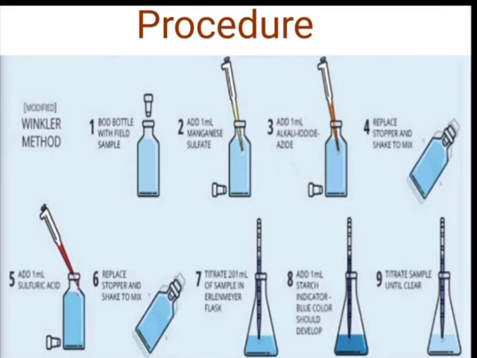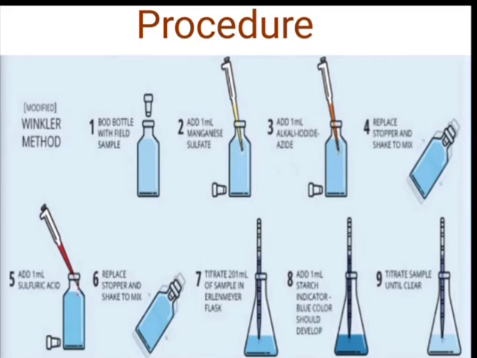After mixing the solution, again open the stopper and add 1 ml of sulfuric acid solution into the same bottle. Then replace the stopper again and shake the solution. After mixing, titrate 200 ml of the sample in an Erlenmeyer flask.